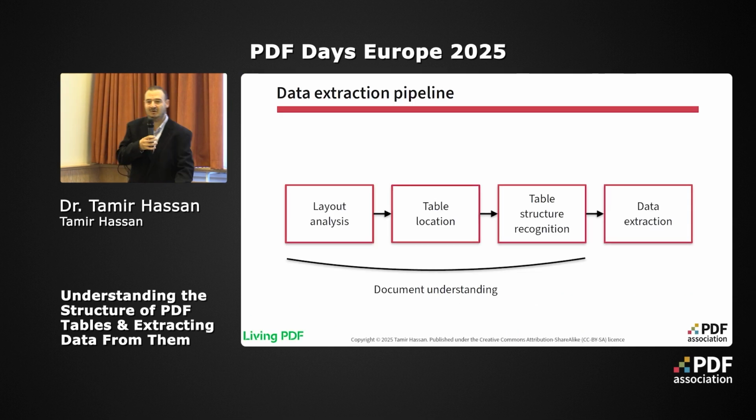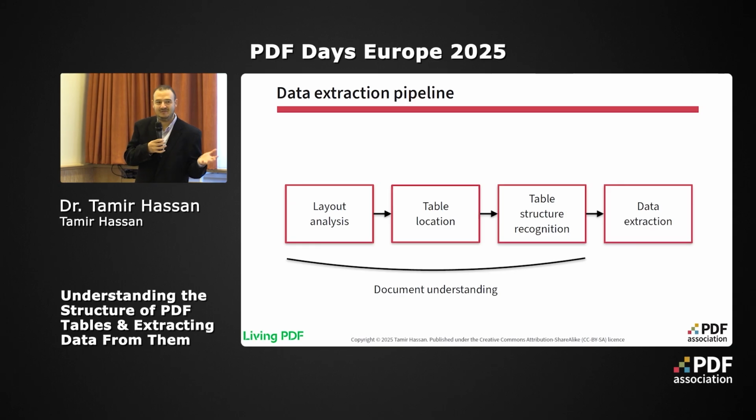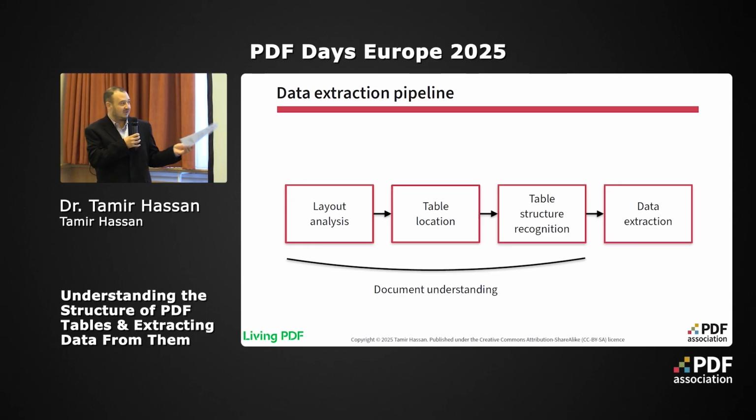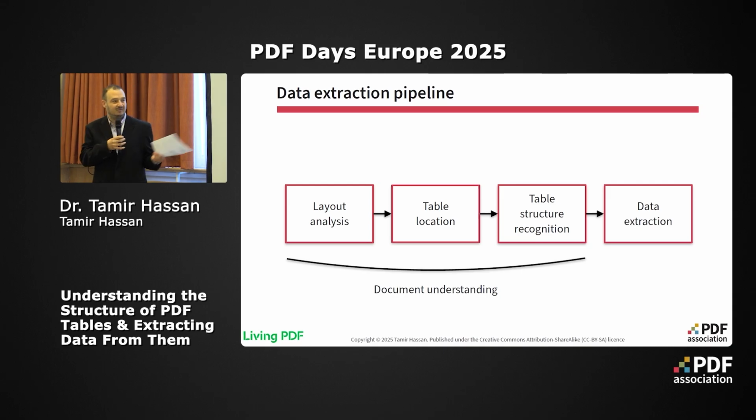As I'm sure many of you are aware, when a PDF is processed, typically we have a pipeline which looks something like this. We first try and understand the layout, at least of a page in the document. Then, if we're looking for tables, we move to table location. Then we move to actually understanding the structure, the rows and columns of a table.